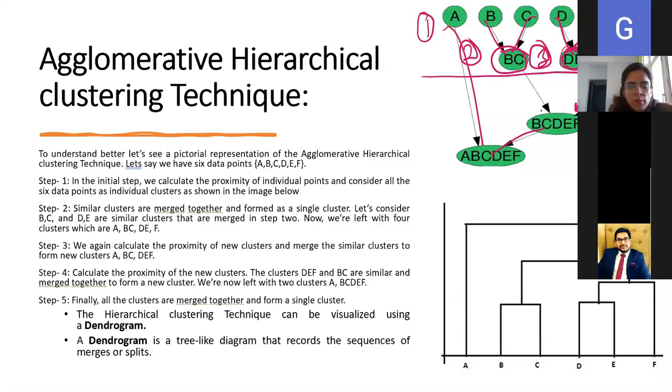To understand better, let's see a pictorial representation of the agglomerative hierarchical clustering technique. Let's say we have 6 data points, A, B, C, D, E, F. Say you ask one question, maybe a preference question, to these 6 respondents, and these are 6 data points. In the initial step, we calculate the proximity of individual points and consider all 6 data points as individual clusters.